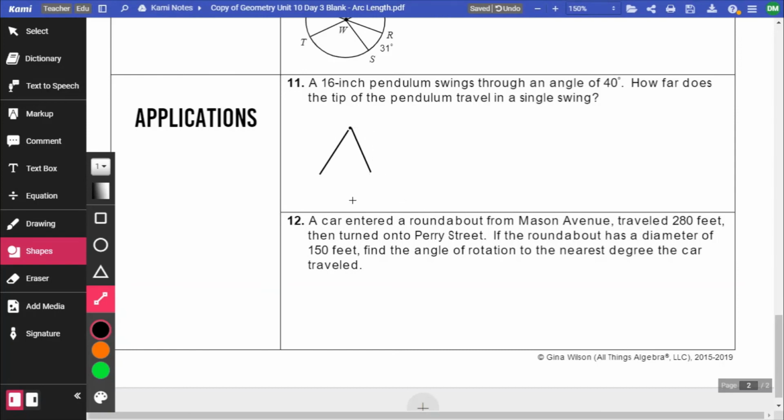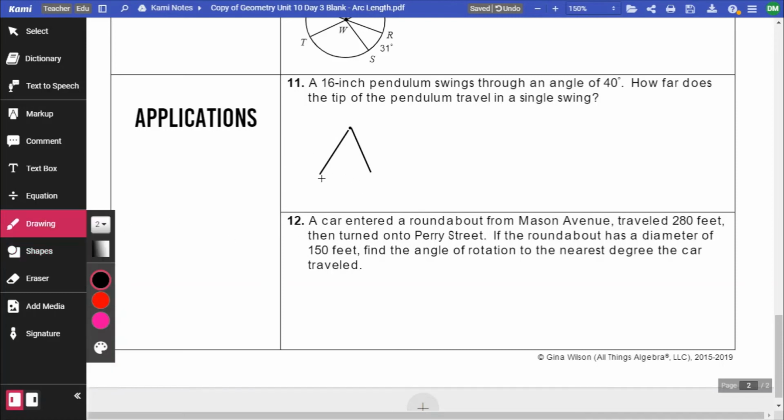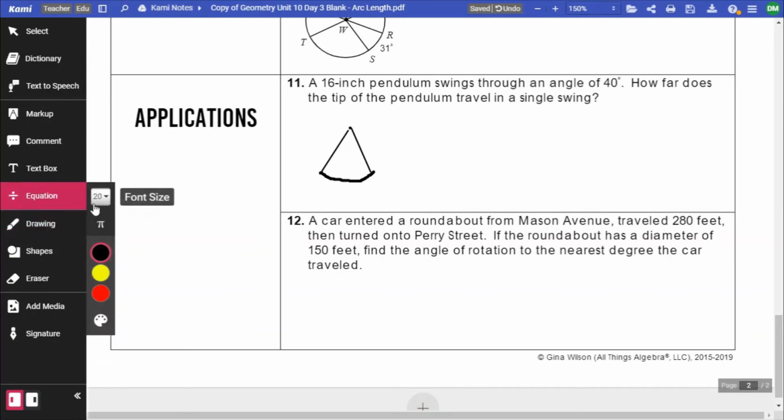So we have created this pendulum here, and it's going through this arc. So it's going to swing something like this. And we've got this 40-degree angle and a 16-inch pendulum. So let's get those in there. So 16 inches and 40 degrees.